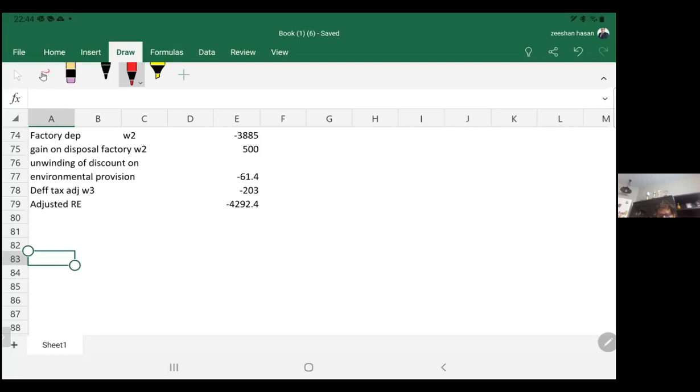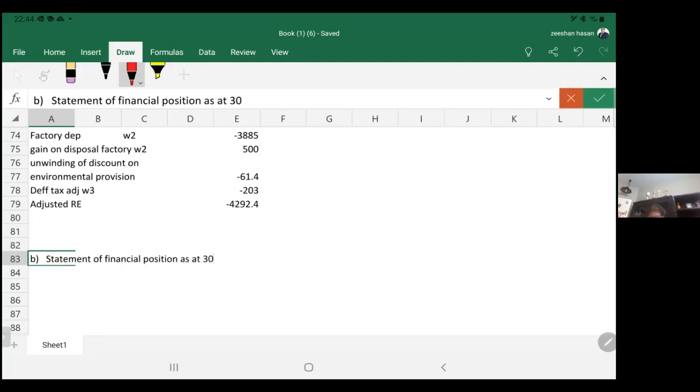Now, lastly, for this part of the question, we have to do statement of financial position as at 30th September 2008.